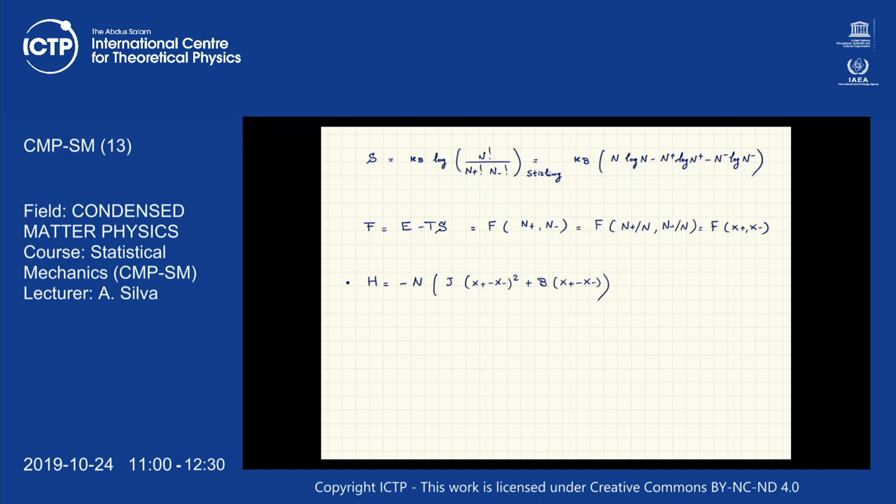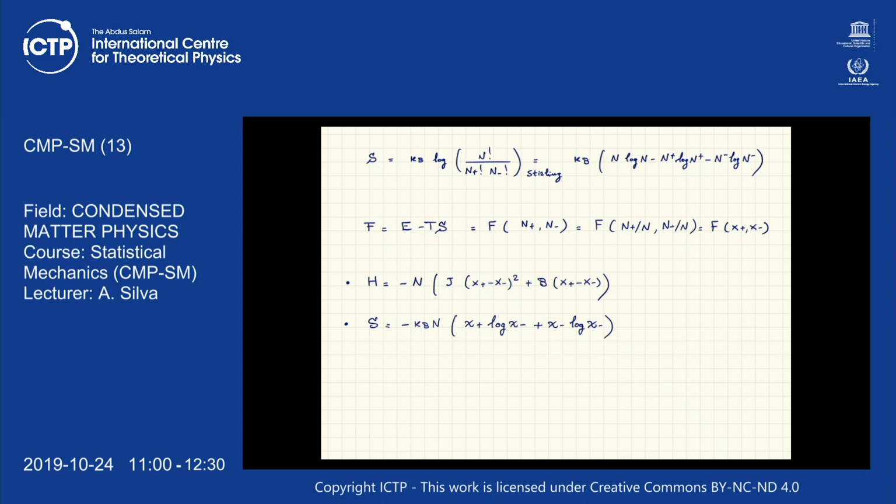And the entropy, you have to work a bit harder, but it's not a big deal. It comes out to be k Boltzmann N [x plus log x plus plus x minus log x minus], with an overall minus sign, which is positive because x plus and x minus are both smaller than 1.